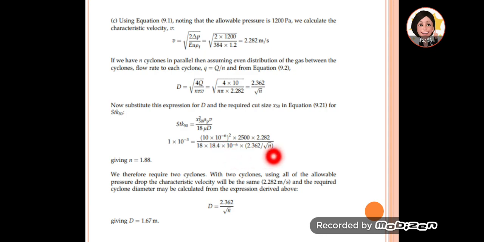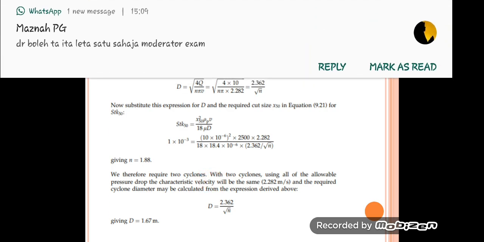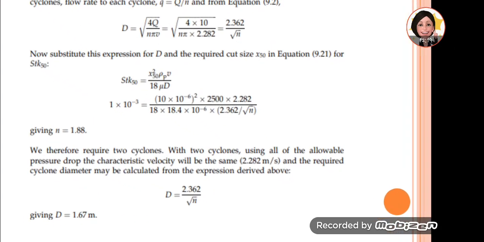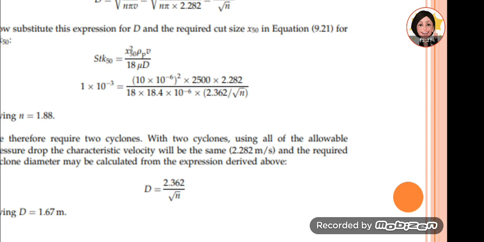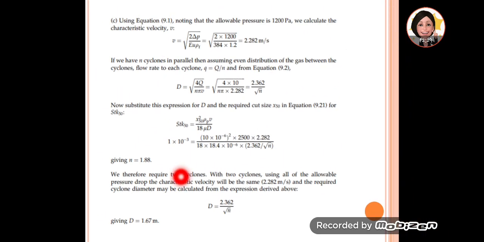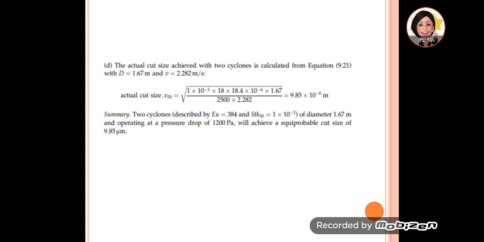So this solves for N. Therefore we can see it is 1.88, so we need 2 cyclones. Now that we know N, we can solve for D. So the D is 1.67. So that is part C.